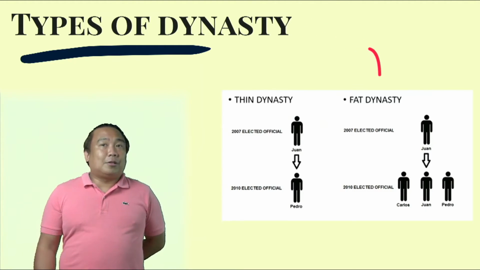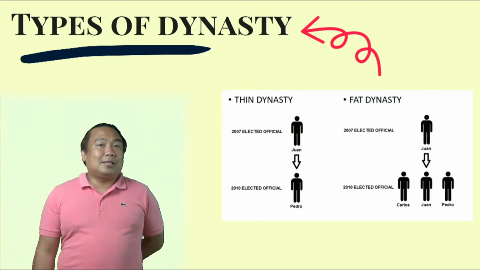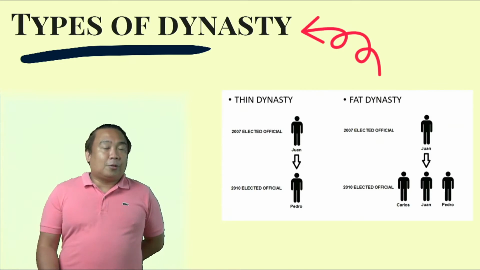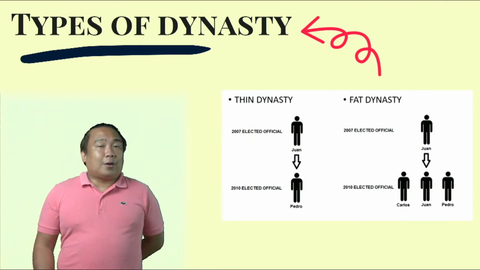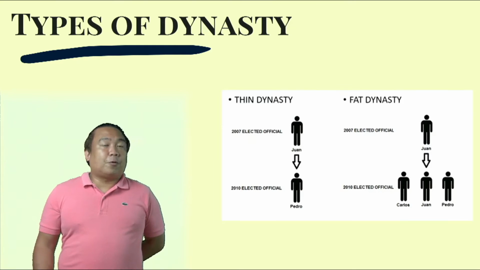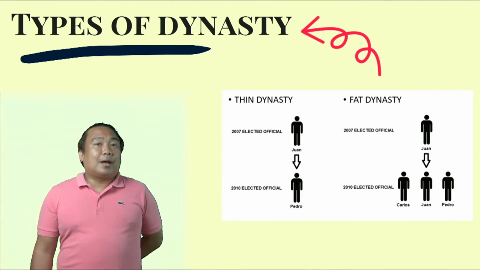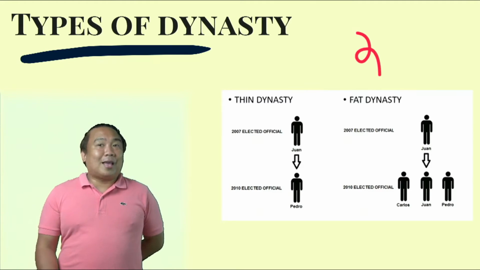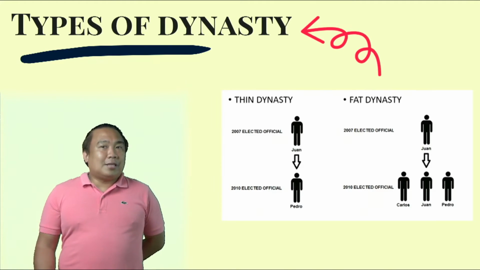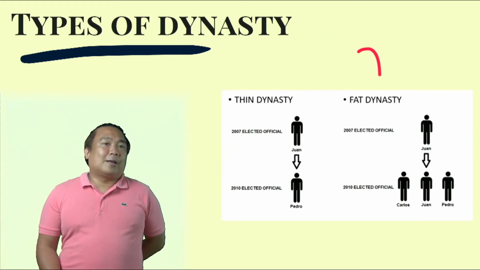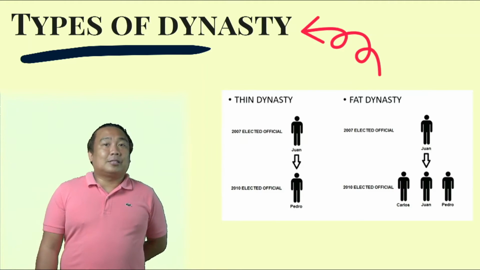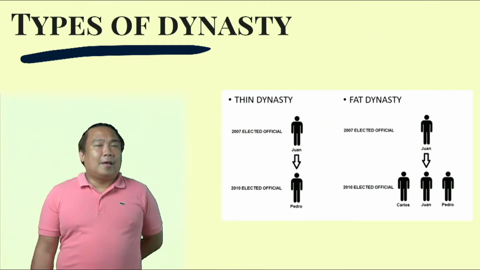Ang medyo delikado daw is what we call the fat dynasty. Bakit? Kasi sila yung nakaupo, therefore they can actually control everything, from budget to finances. So pwedeng magkaroon ng cases of corruption, pero walang nagagawa yung mga tao, because they belong to the same family. They protect each other. So many would say that if there's a political dynasty in the Philippines, they would rather have a thin dynasty than a fat dynasty.